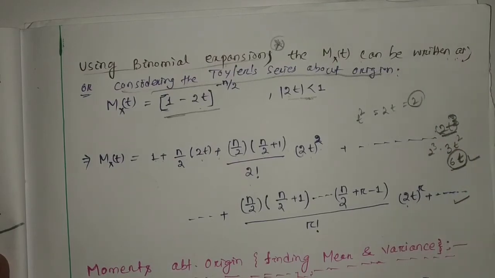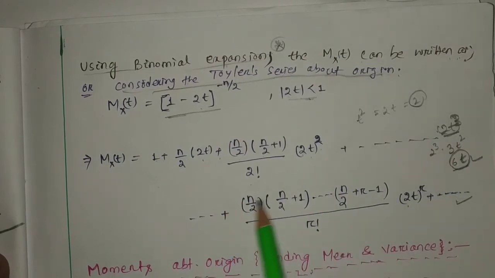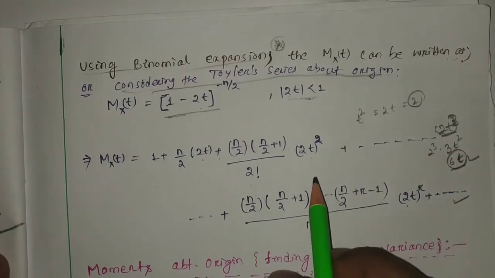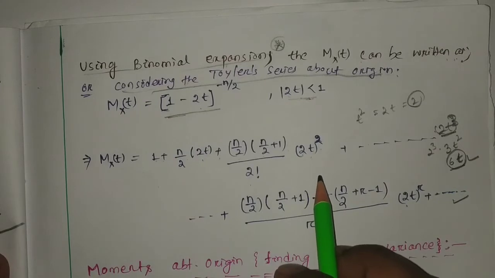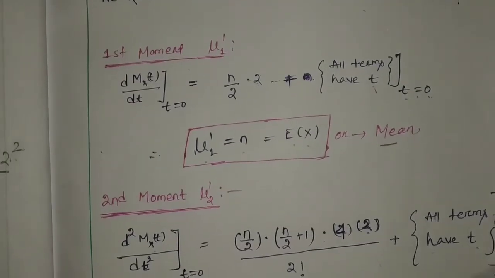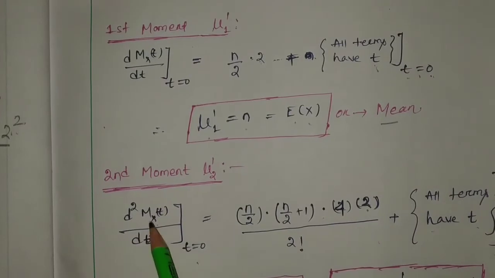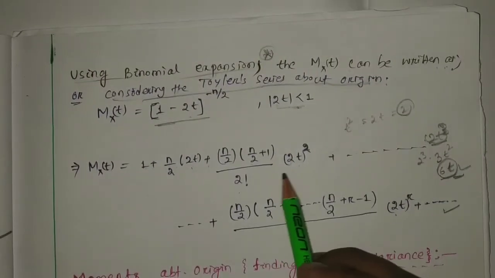So hence all the other higher order terms after the second derivative will also have the t terms, right? Similarly, hence we have written that the second derivative at t equal to 0 is 2 times derivative of M_X(t) at t equal to 0. That means only this term we are going to get.